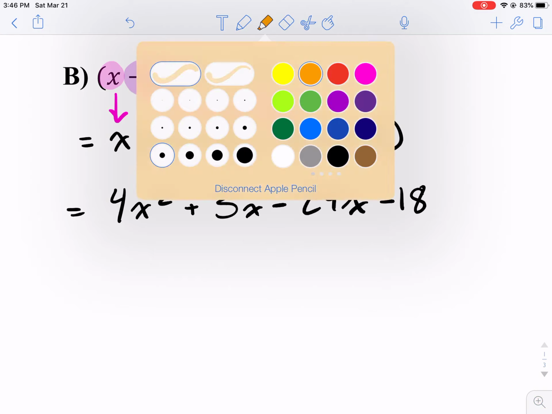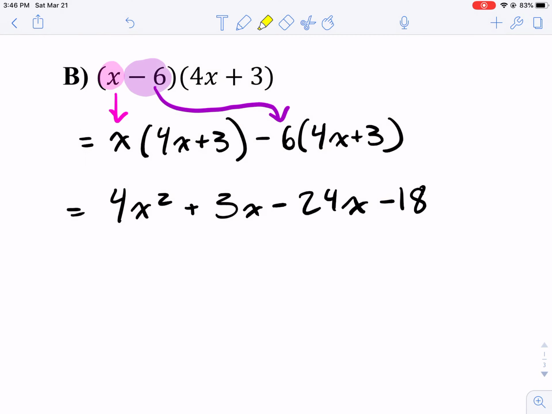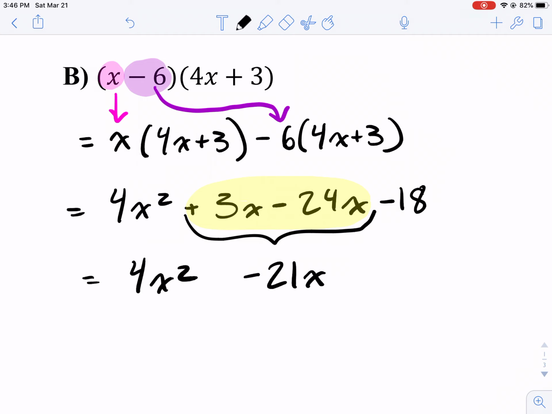Again, we have two like terms that we can combine. We have an x term of 3x and we have an x term of negative 24x. 3x minus 24x is negative 21x. Bringing our other two terms down, we've got 4x squared minus 21x minus 18.